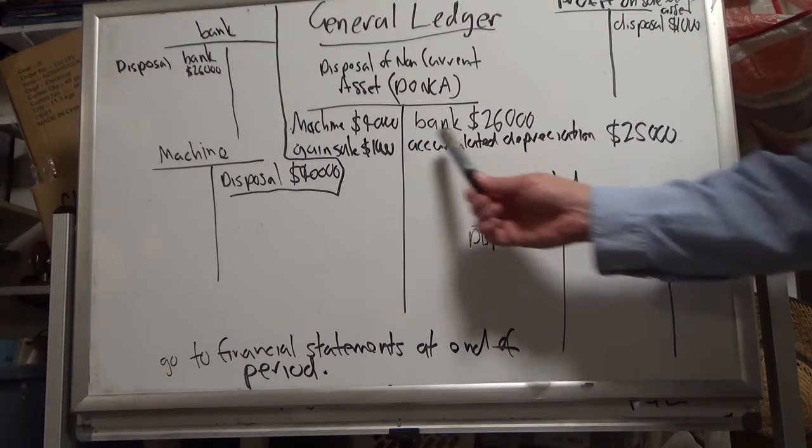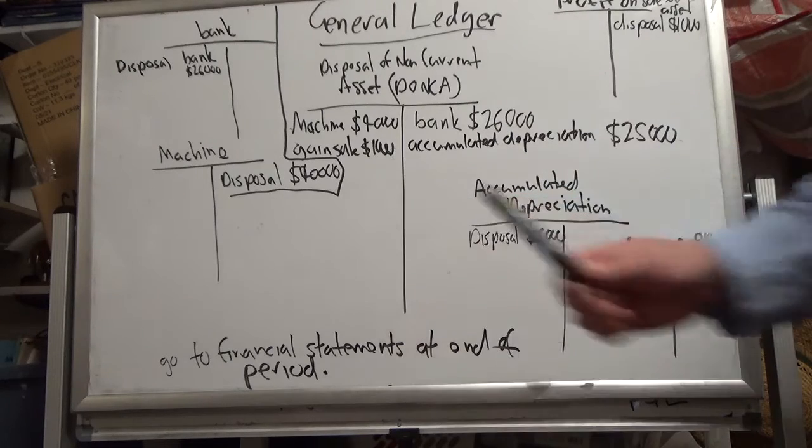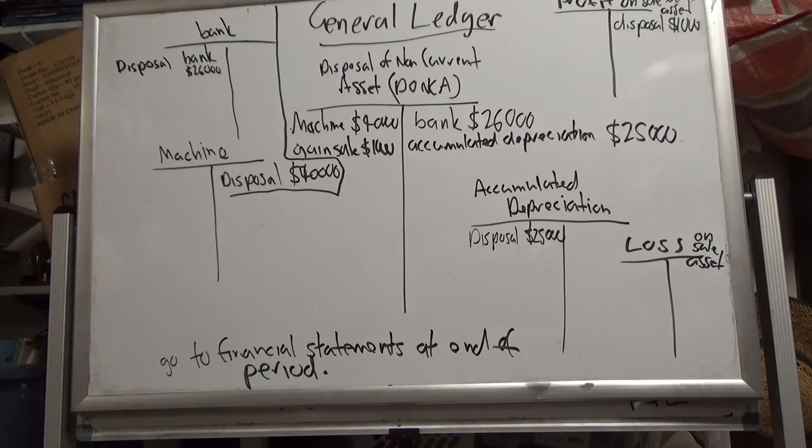Now these figures don't add up just yet, but we'll wait till the end of the period for the trial balance and see what else is in there. But that is correct. Let's just double check on that. Firstly, bank, the sale. You go to the bank ledger, label it disposal, 26,000.